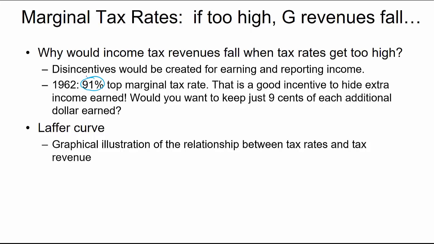That means once you reached a certain income level, all you got to keep was 9 cents out of every dollar you earned. So can you see why that would destroy incentives to innovate and to work hard and stuff like that? So what we're going to look at is something called the Laffer Curve, which will demonstrate to us why tax rates, if they're too high, can end up reducing revenue.